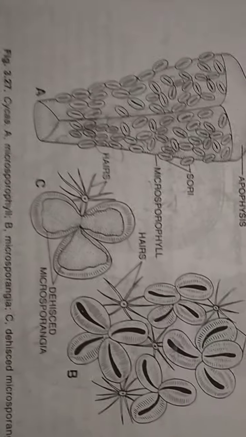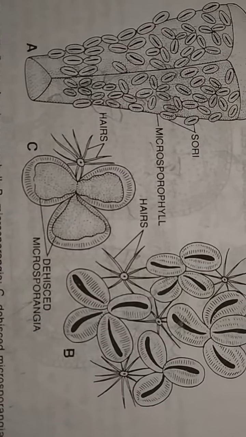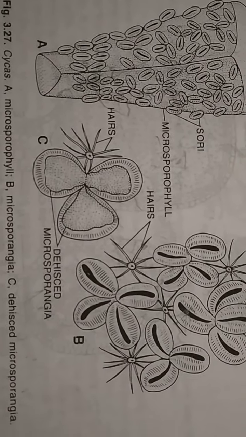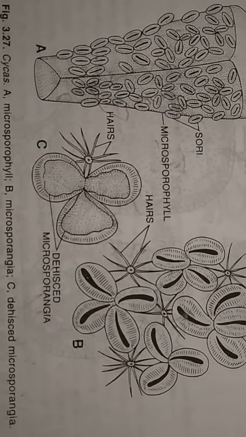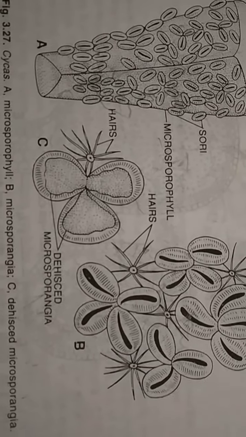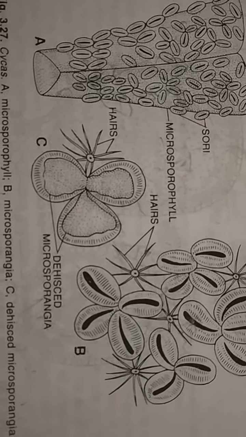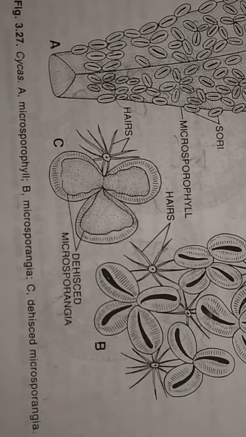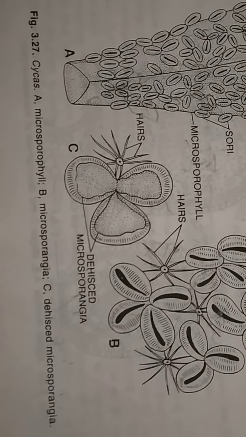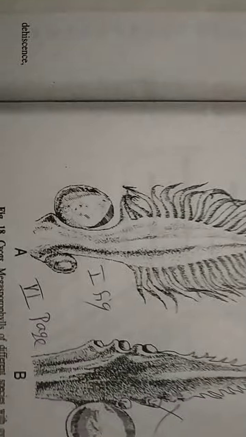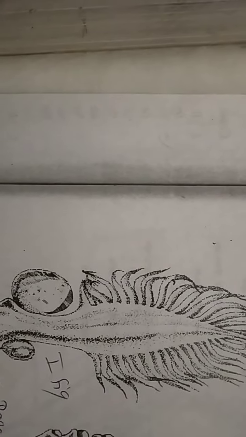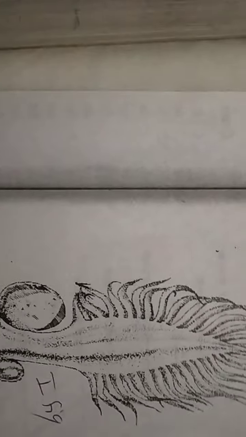Now coming to the megasporophyll, this is a female reproductive organ. Since there is no female cone, the megasporophylls form a crown at the tip like foliage leaves.